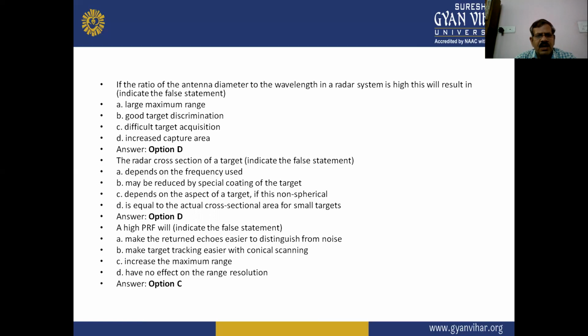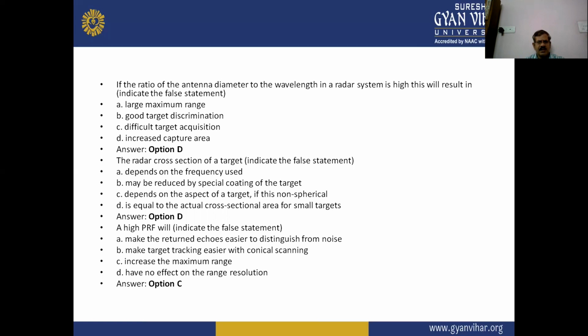Option B, may be reduced by a special coating of the target. Option C, depends on the aspect of a target if it is non-spherical. D, is equal to the actual cross-sectional area for small targets. So here the correct answer is option D, that is the false statement for the radar cross section of a target.